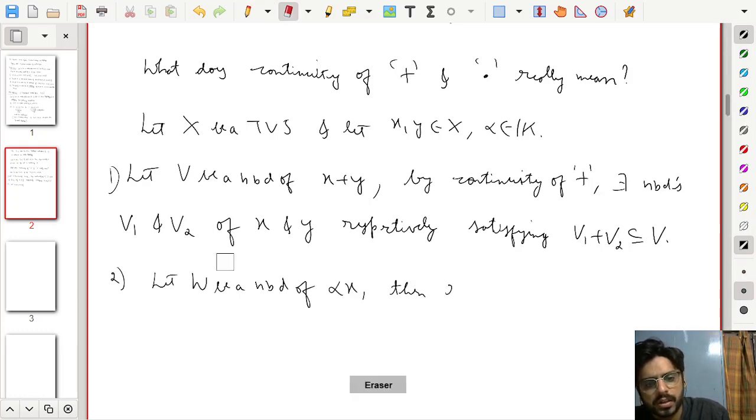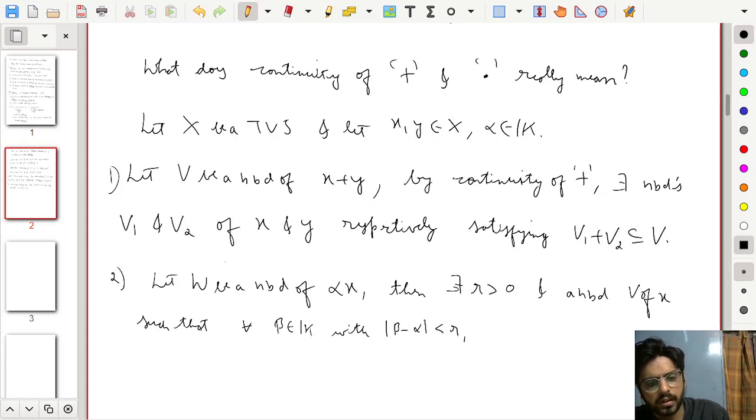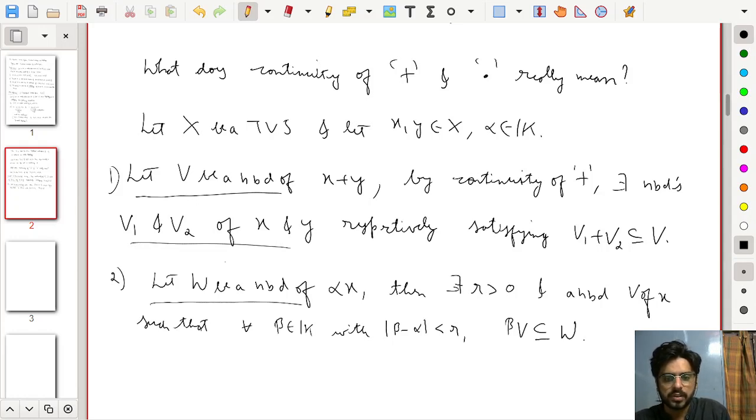Then there exists r positive and a neighborhood V of x such that for every beta in K with mod beta minus alpha strictly less than r, we get that beta times V is contained in W. So this is the meaning of continuity of addition, and this is the meaning of continuity of scalar multiplication.